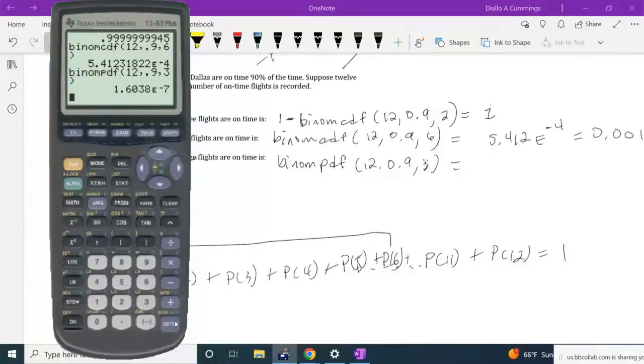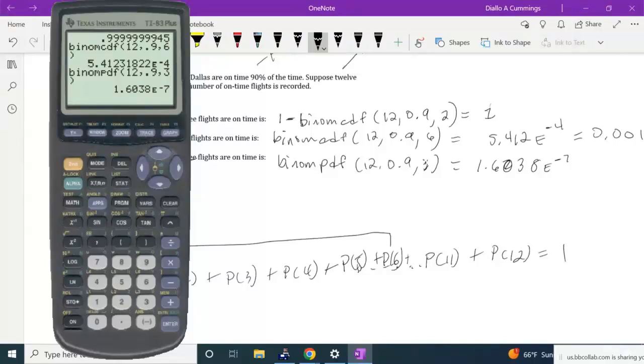And it's one of those extremely small values. So it's 1.6038 e to the negative 7. So it actually means that there are going to be 6 zeros in front of this 1, right?